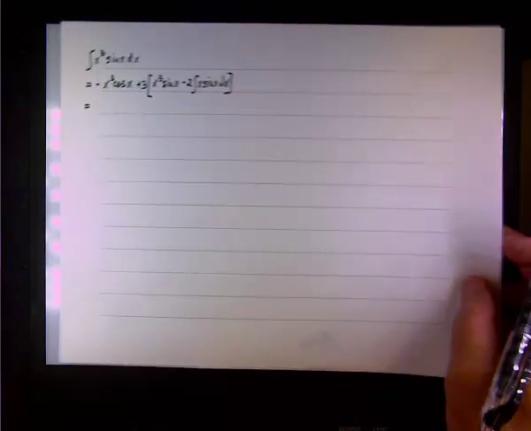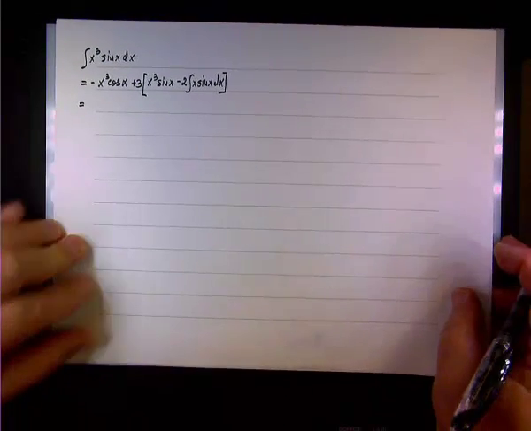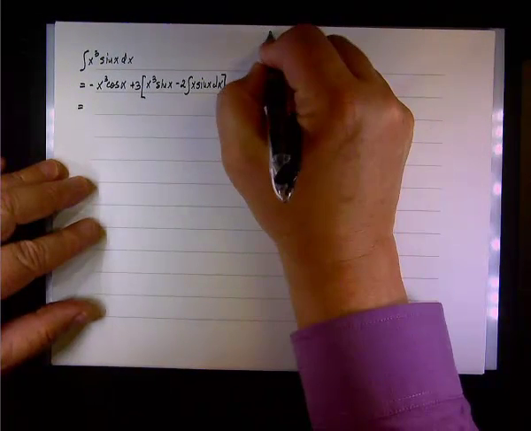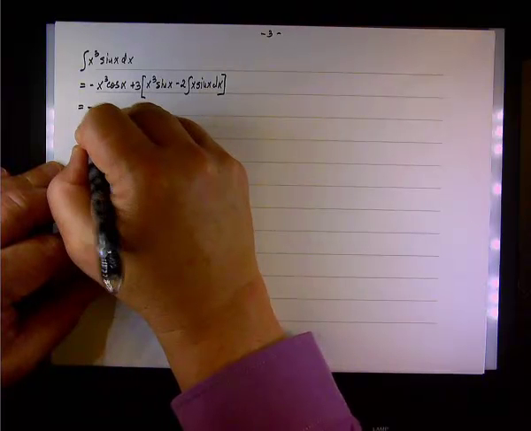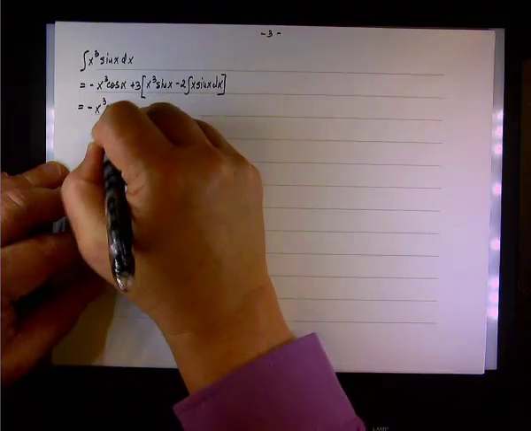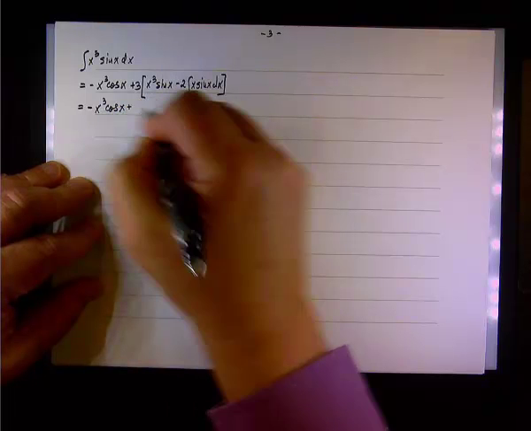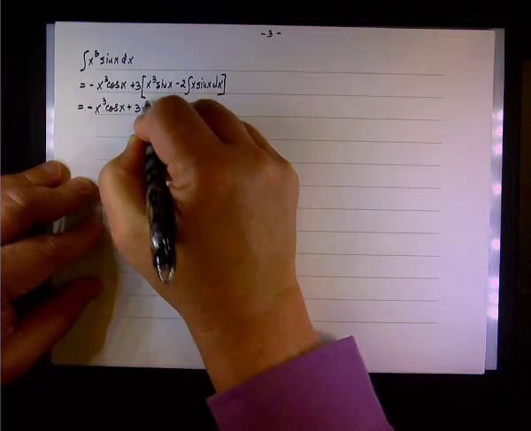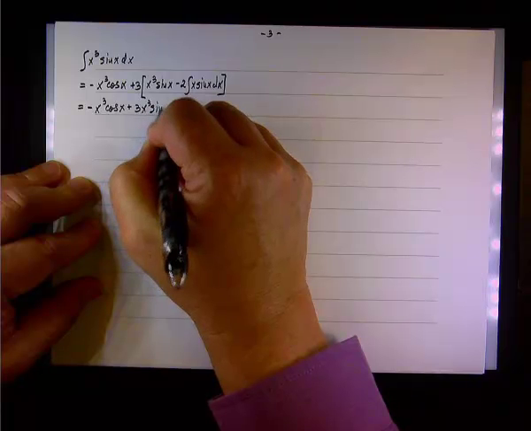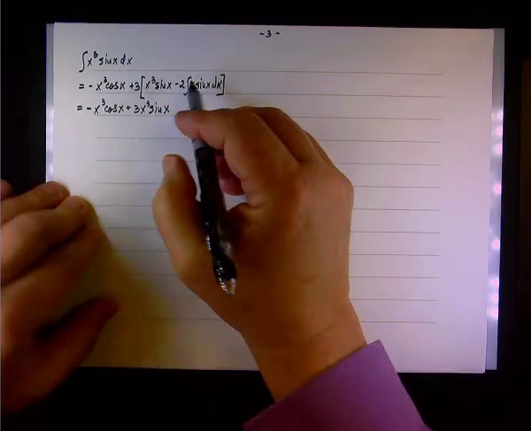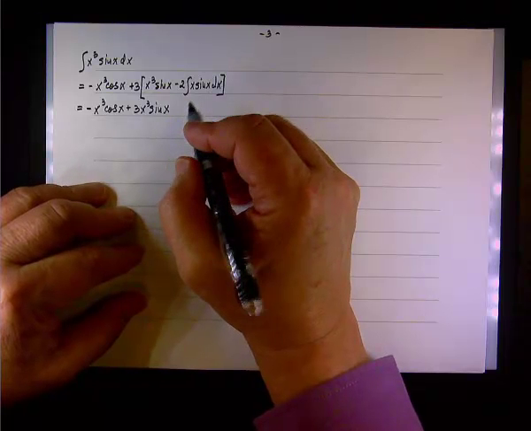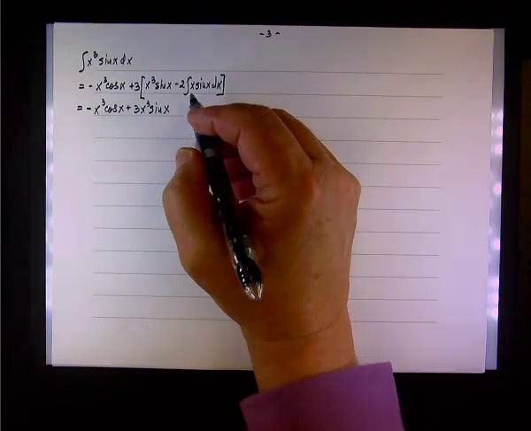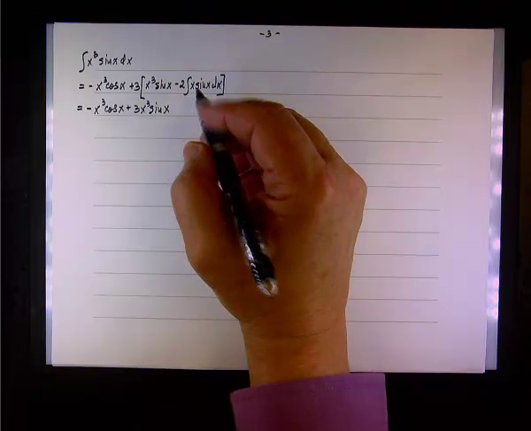And now we can go ahead and clear everything. So minus x cubed cosine x plus 3x squared sine x, and here we have minus. So let's see, what was the last integral? Sine x minus x cosine x.